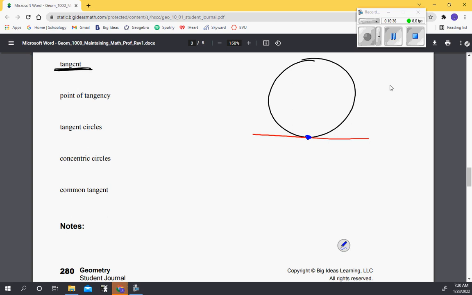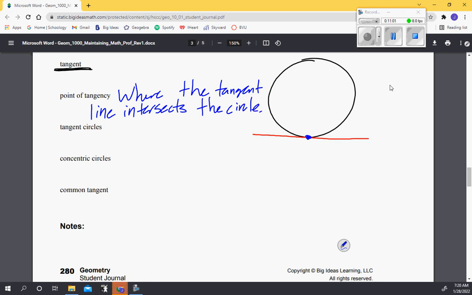The point of tangency is that point. I'll say where the tangent line intersects the circle.